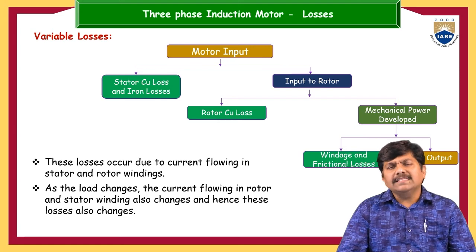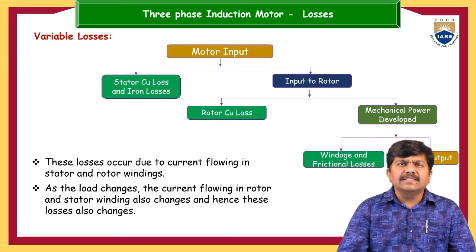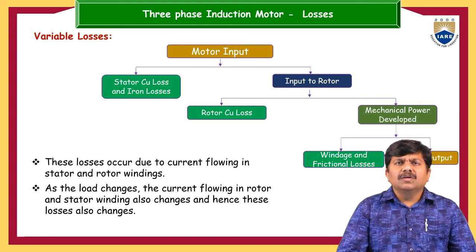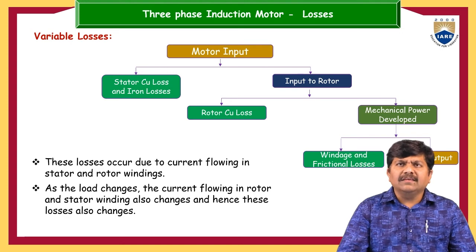So we can discuss the various power stages along with the various losses, and how the electrical input power goes on converting. Suppose the motor input is root 3 into VL into IL cos phi, given at the input terminals of the three-phase induction motor. After meeting the stator losses, some portion is given to the rotor through the air gap.